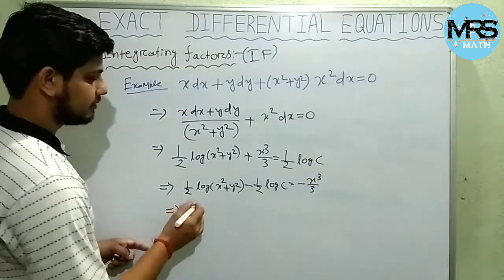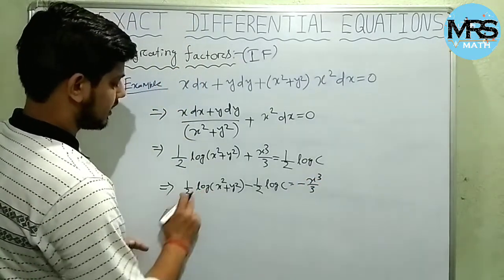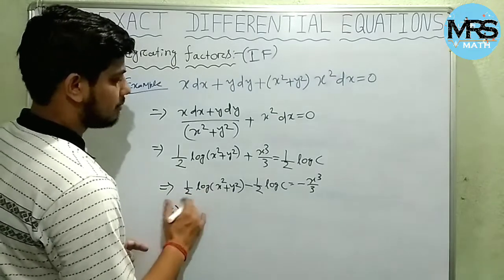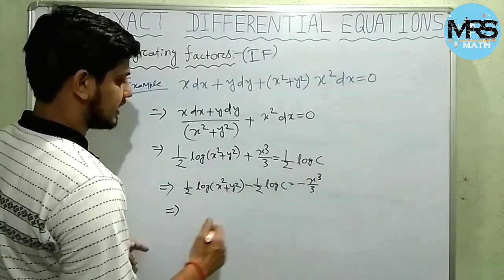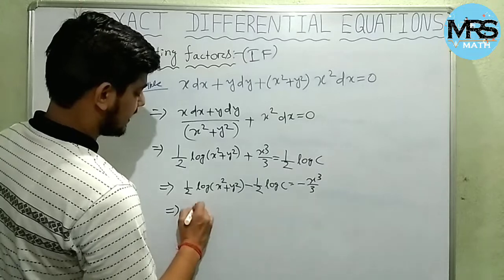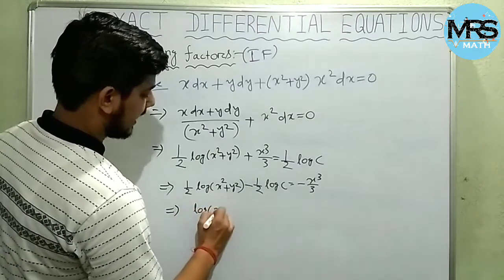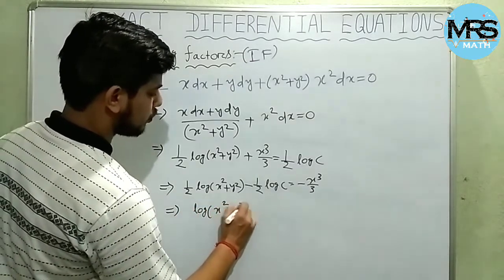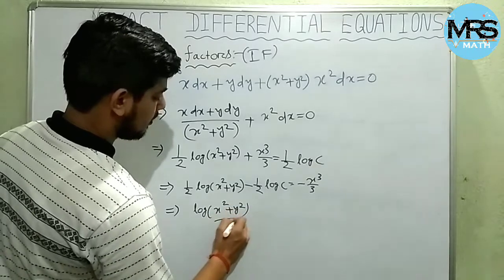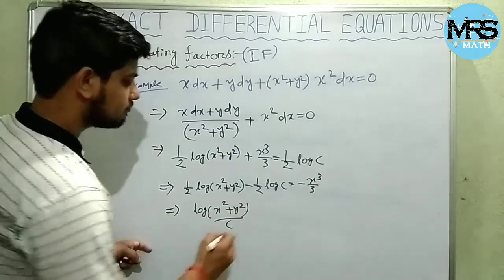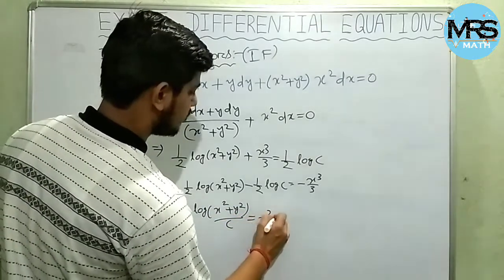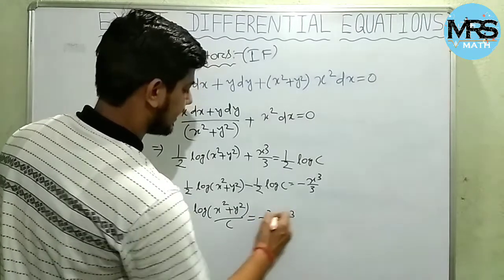If you take 1/2 common and multiply on that side, we get log of (x square plus y square) over c equal to minus 2/3 x cube.